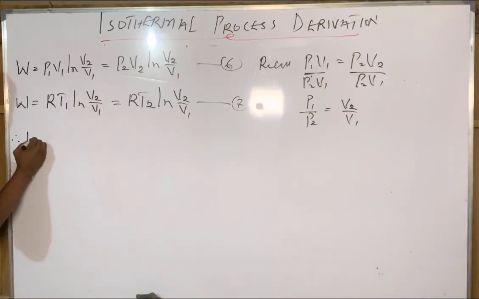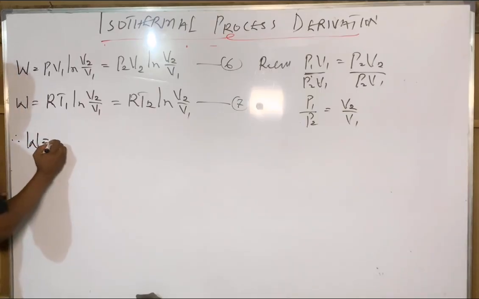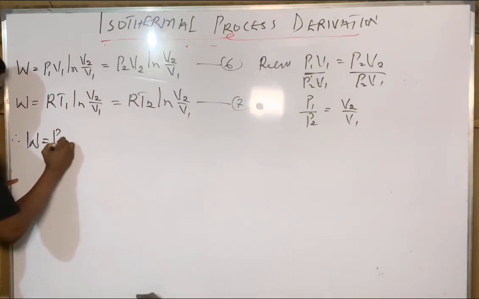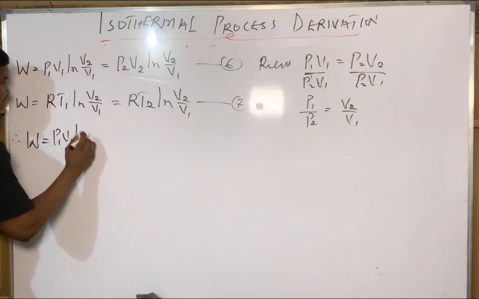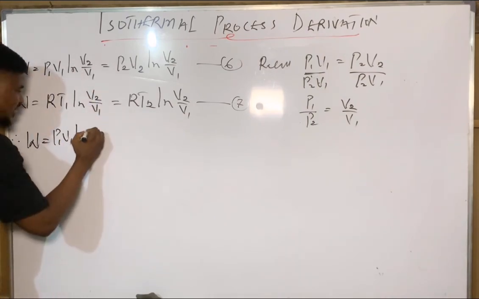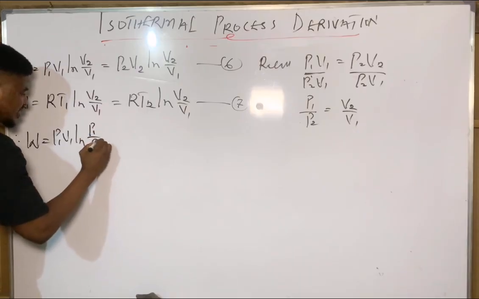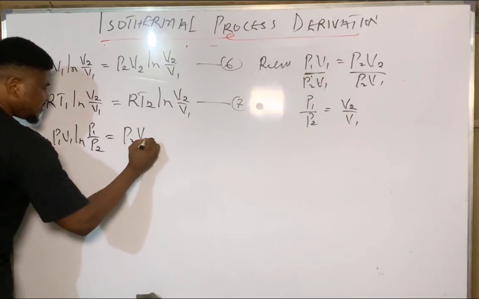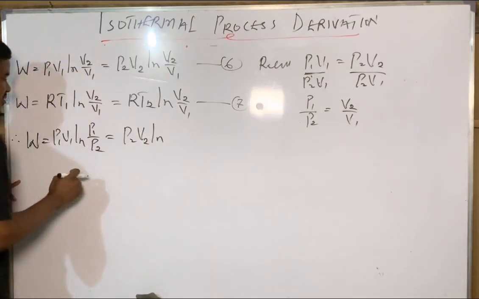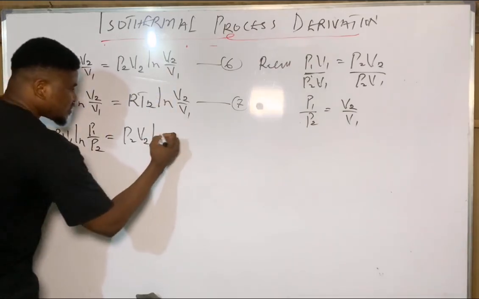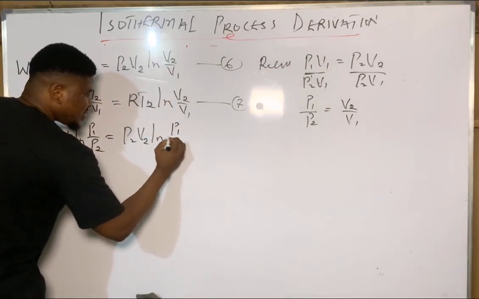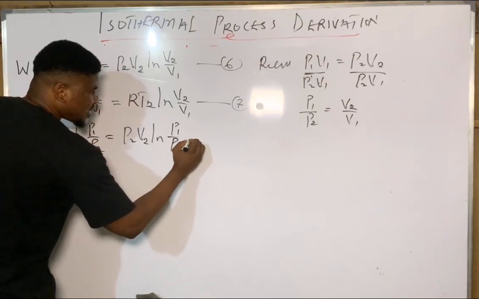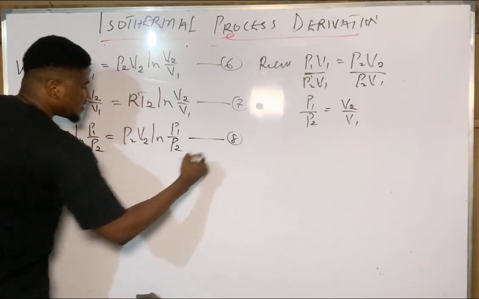So if you plug that into these equations, we have another equation for the work done: P1 V1 ln, in place of V2 over V1 we have P1 over P2, and this is also equal to P2 V2 ln, in place of V2 over V1, P1 over P2. You can call this equation 8.